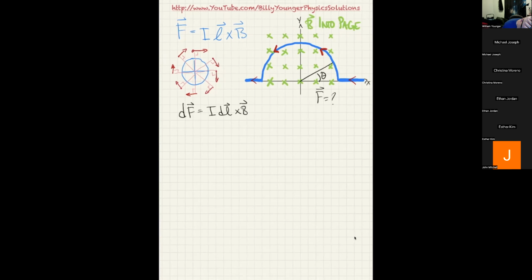And then I'm going to allow this line to move by an infinitesimal amount d theta. And that's going to, in fact, give me a differential line element dl, which is actually equal to, and I didn't define this yet, but it's going to be capital R times d theta.